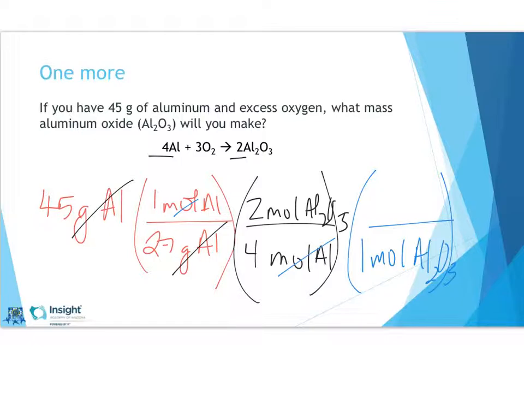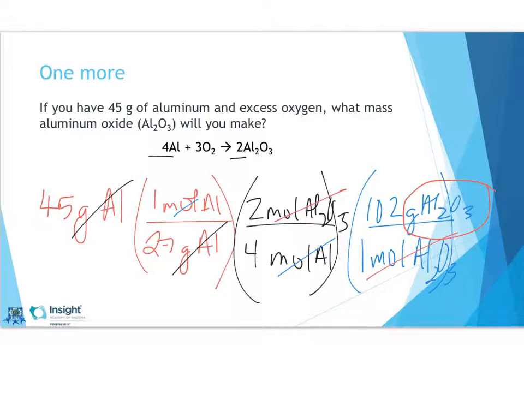And then I need to add 16 in 3 times for the 3 oxygens. And that gives me 102 grams of Al2O3. And that takes care of my moles of Al2O3, leaves me with grams of Al2O3, which is what the question asks about.